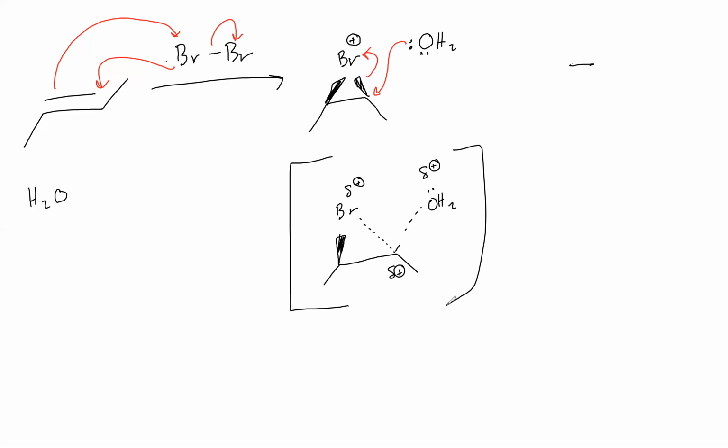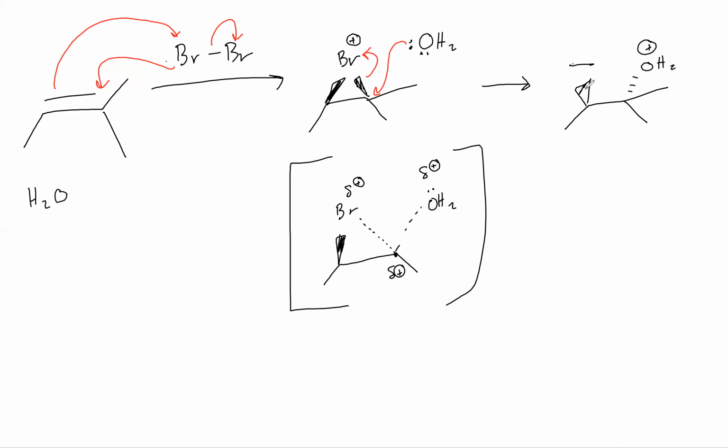So the partial positive charge is on the oxygen, yes, sorry. What that means is we're going to want to put that partial charge on the most substituted carbon. So we're going to end up adding our OH2 to the more substituted carbon. For example, if this had substituents right here and right here.